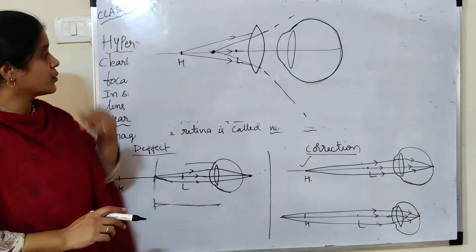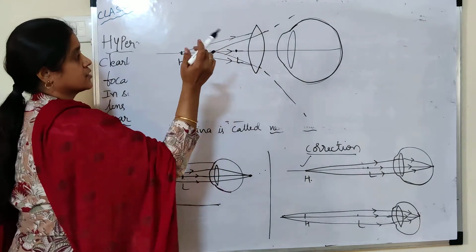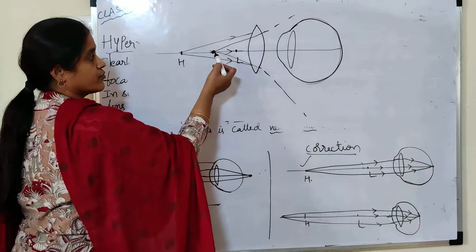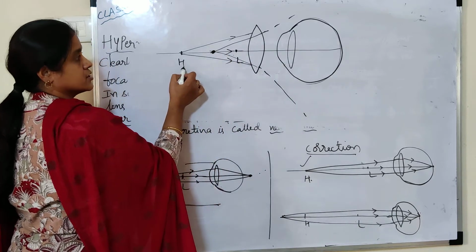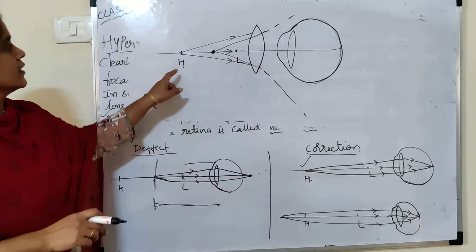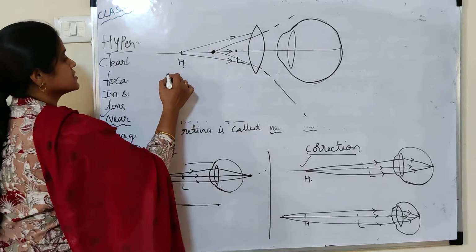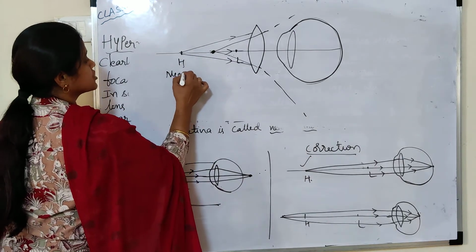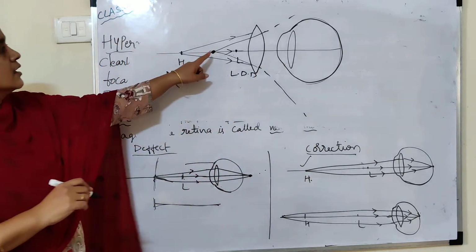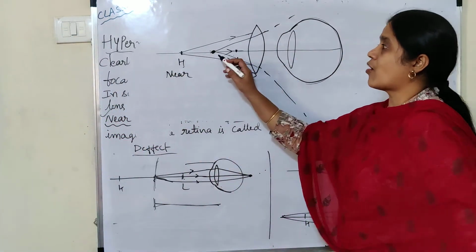For hypermetropia people using the convex lens, the image of an object lies between H and the least distance of distinct vision.